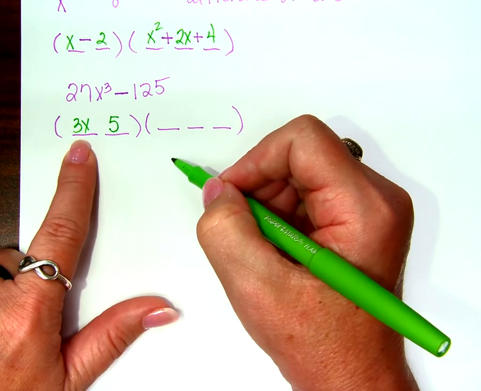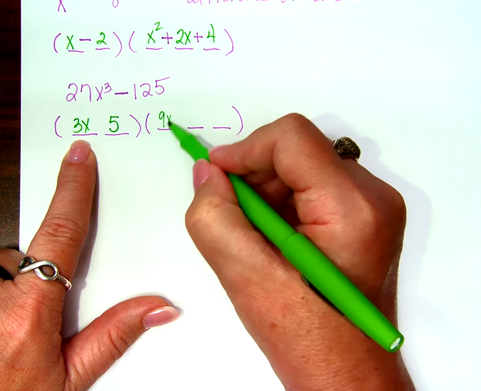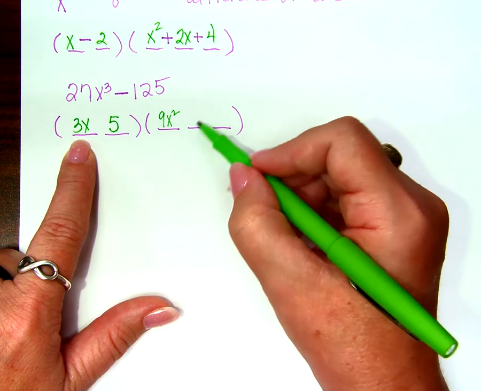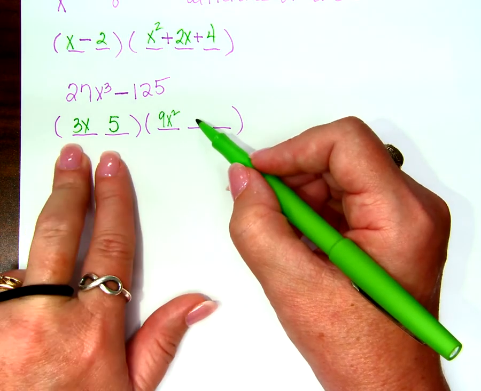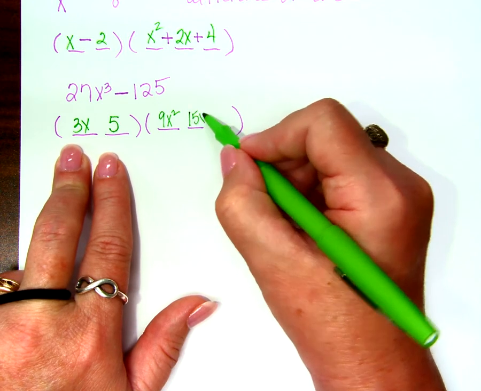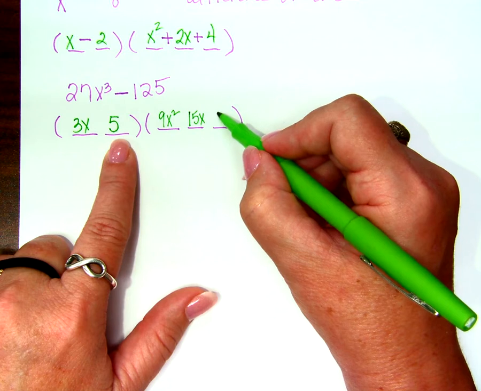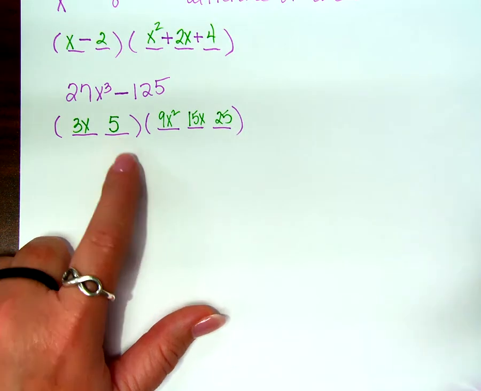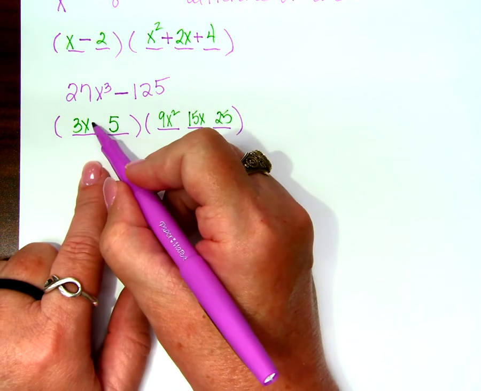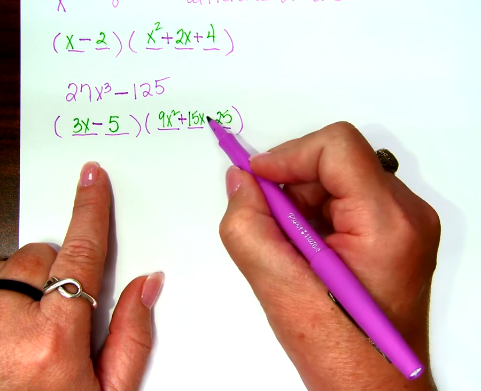So square this one. 9x squared. Where do you get the middle term? Multiply them together. 15x. And where do you get the last term? Square it, which is 25. What are the signs? Same as the problem. Opposite of that, always plus.